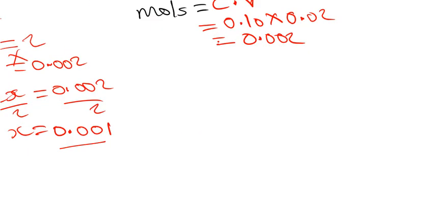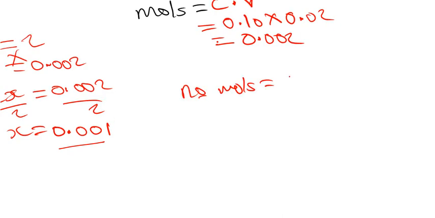We can calculate the mass involved using the relationship which says number of moles is equal to mass upon molecular mass. The number of moles for magnesium is the one we calculated, which is 0.001. Then the mass is the one we are looking for.